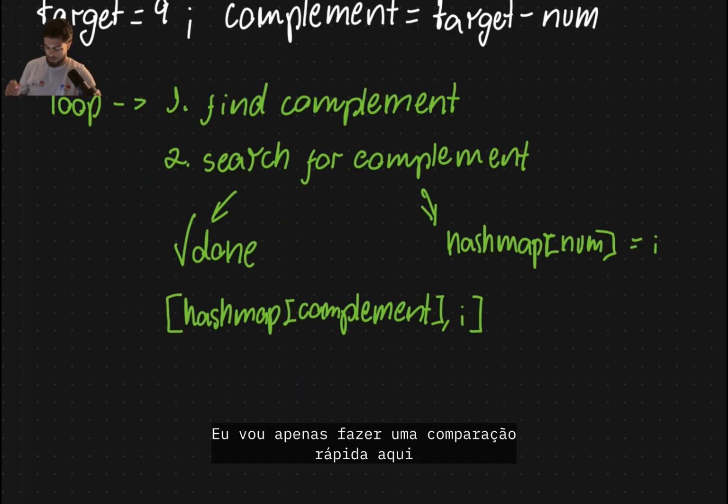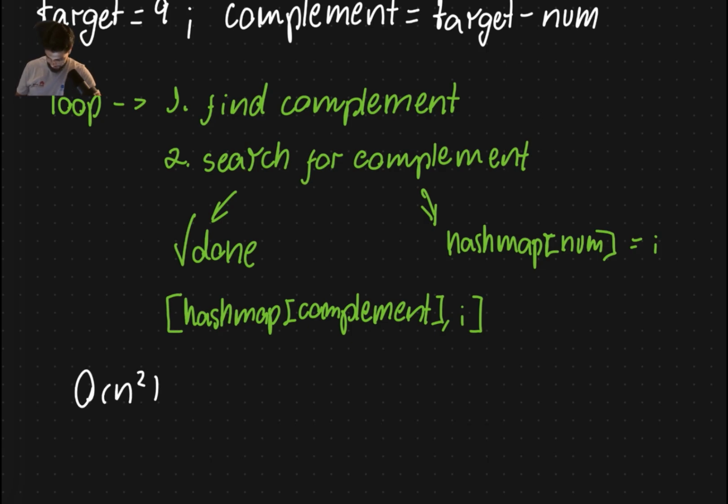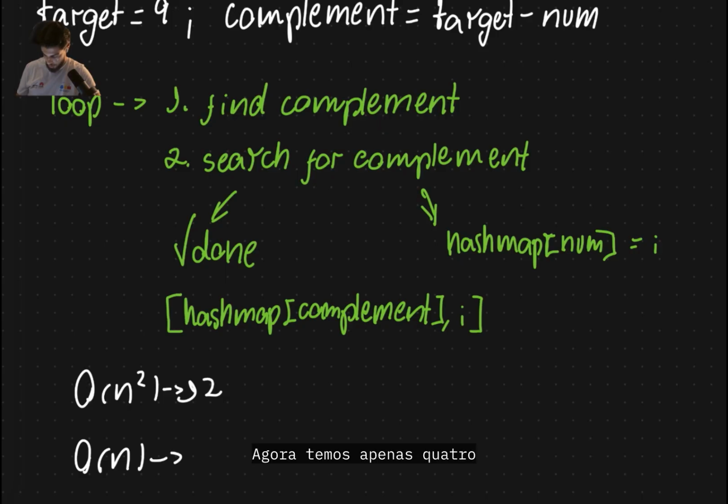But first, I'm just going to do a quick comparison. Before we had an O(n squared) approach, and now we have an O(n) approach. In this case, we had before 12 comparisons, now we have only 4.